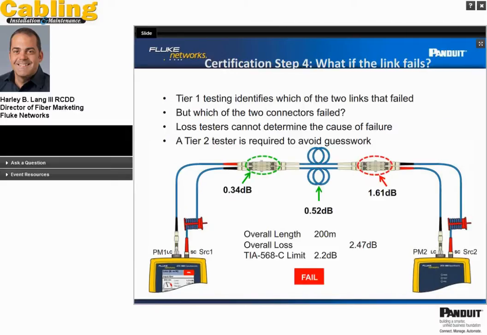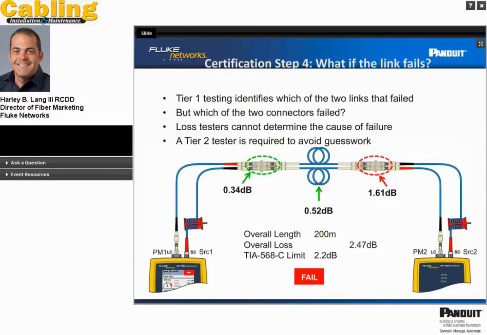The limitation of Tier 1 certification is that it gives an end-to-end loss measurement that's highly accurate, but it can't determine the performance of individual connectors. Robert indicated this earlier. So I have my different connectors, usually at a bulkhead, sometimes a cross-connect, and really with Tier 1, all I get is my end-to-end loss.